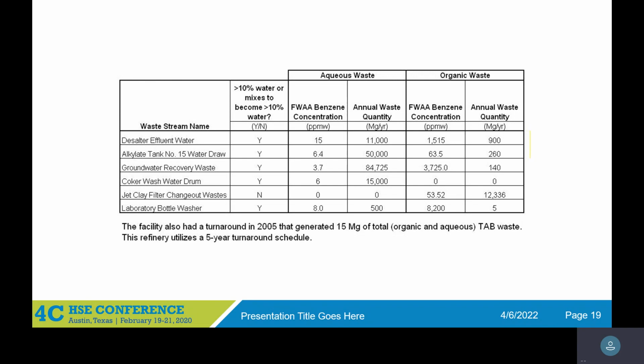Before you go, what did you get? 5.7445. Add the turnaround rates, 5-year turnaround schedule. It's a little high. Yes.